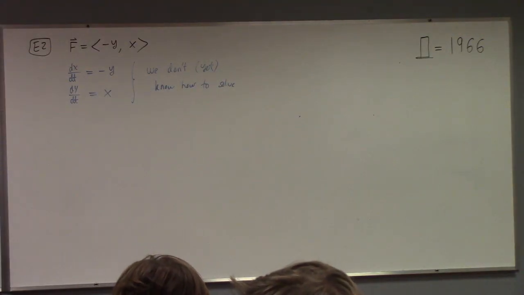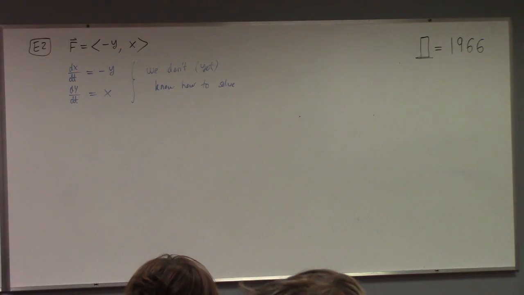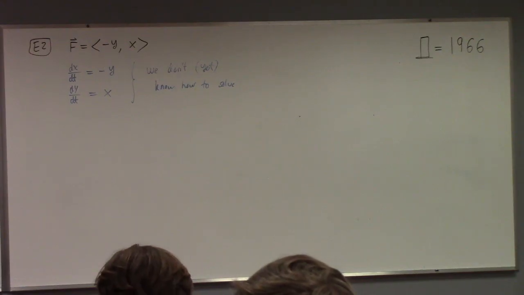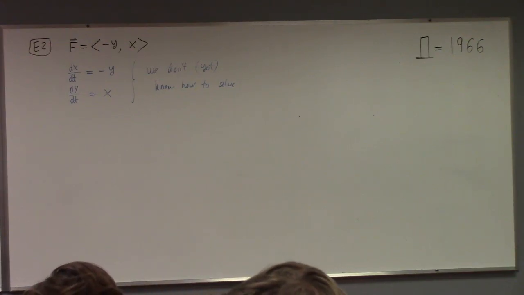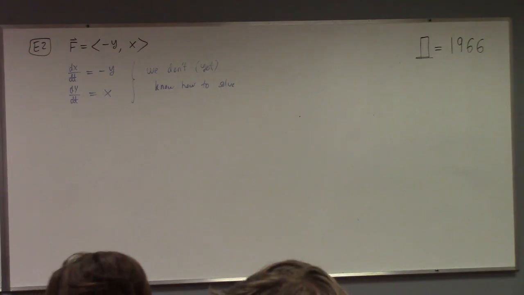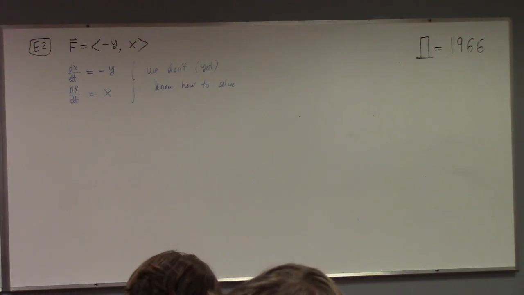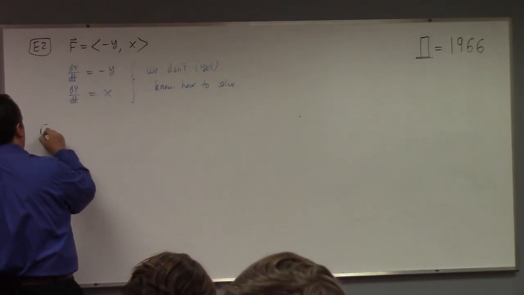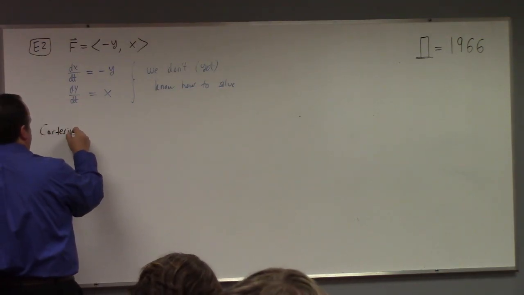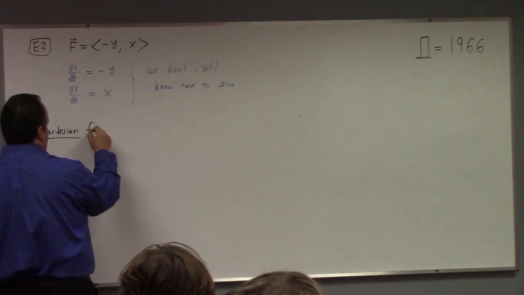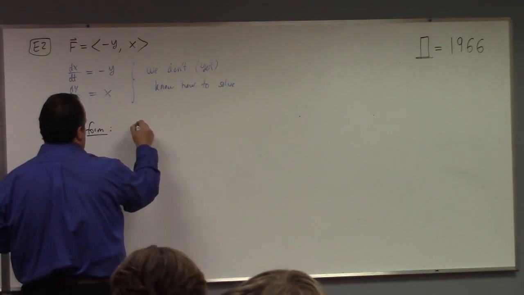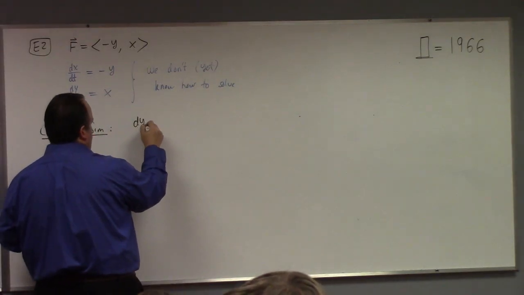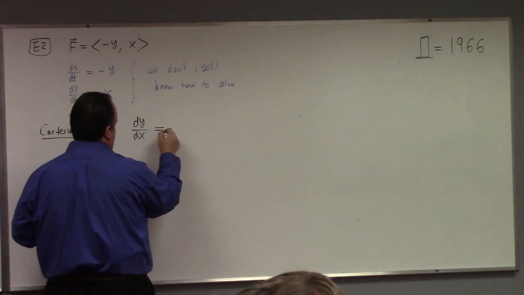The answer is we use a little trick. We can actually find integral curves. At the moment, I've just shown you how to find a parameterization of the integral curve. What if you're just content to find the Cartesian form of the integral curve? Let's do that. We'd have dy/dx, right?